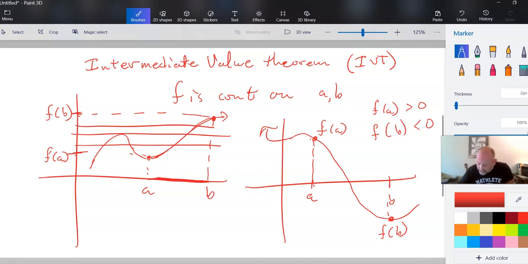So what we say is there exists a 0 on the interval from A to B. I'm going to write this in a different color because I want it to stand out here. Because I have two values that are on opposite sides of the x-axis, that means it has to cross the x-axis to get from one to the other.